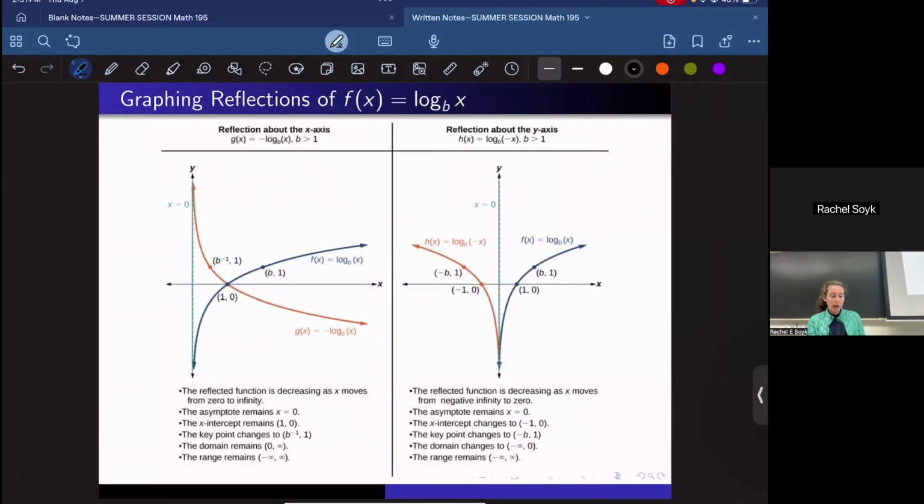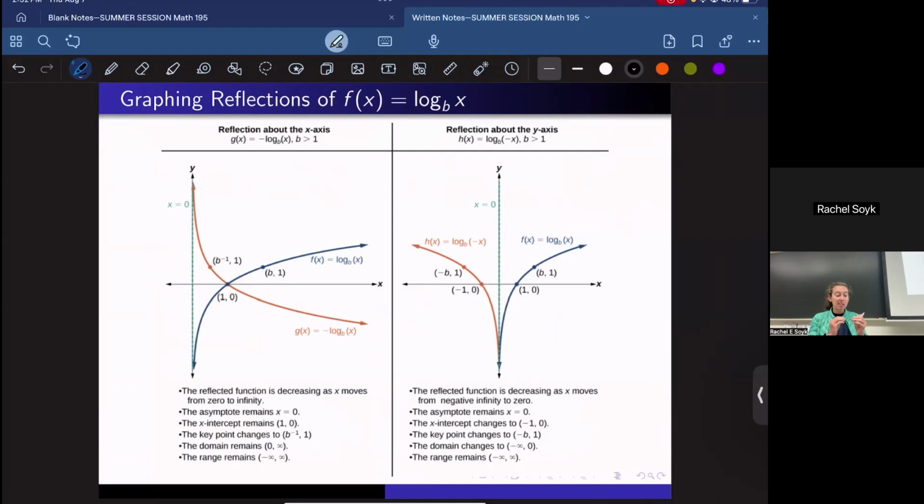Now let's look at reflections. And so very, very similar to everything that we've spoken about before. If there's a negative in front of the entirety of the function, what's going to happen? It's going to be a reflection across the x-axis, right? All of your y values are now being negated.